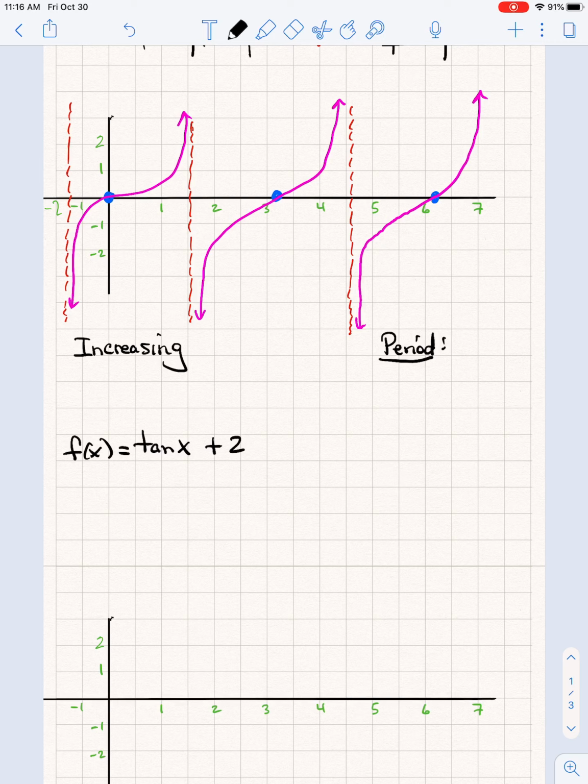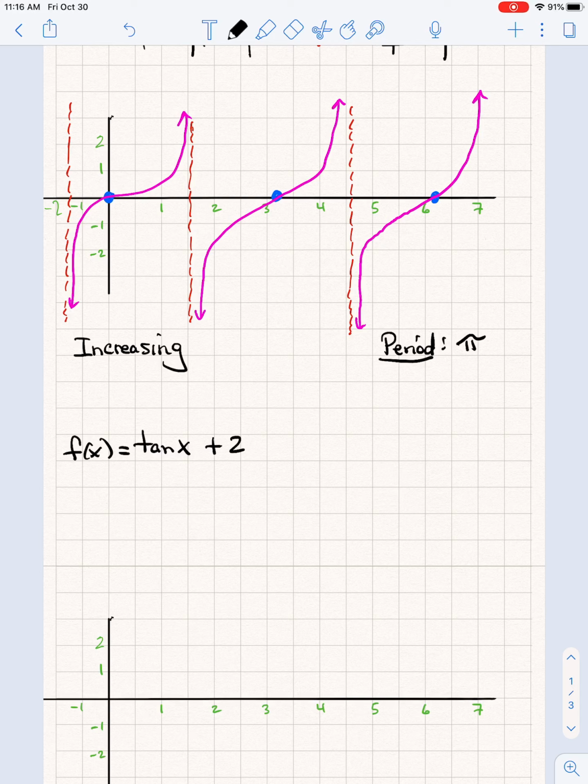How far apart is that repetitive motion this time? Well, it repeats every pi. So instead of 2 pi, the period of the tangent is pi. I guess that's good for now.